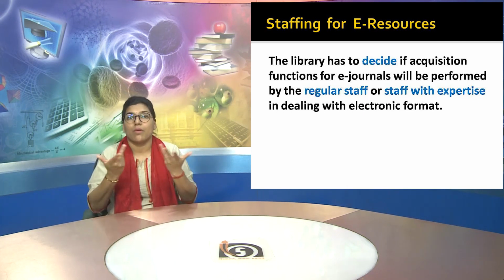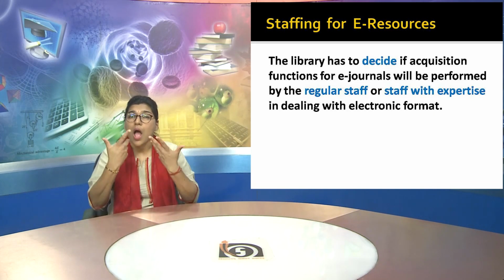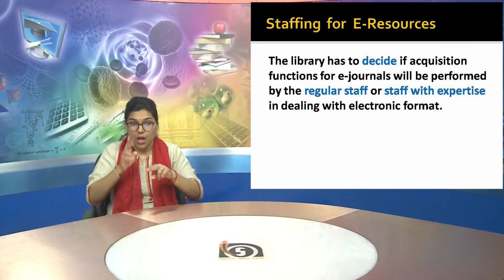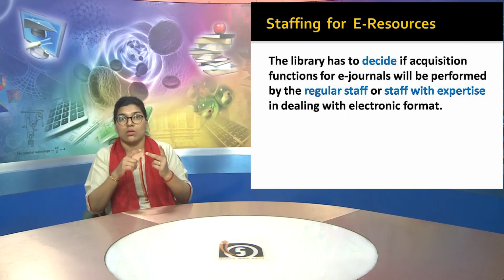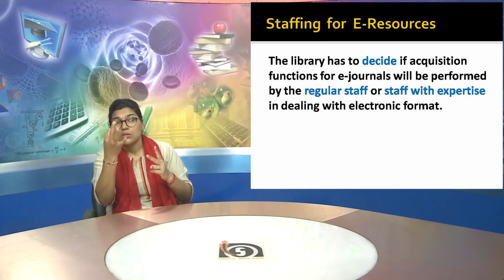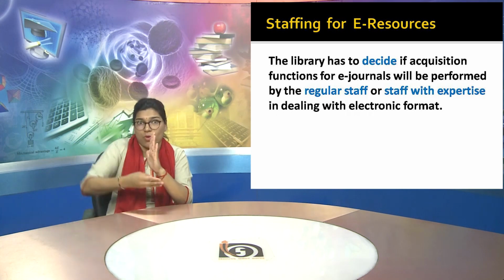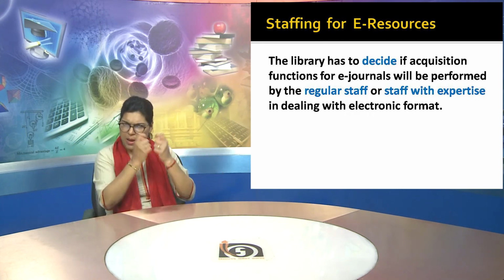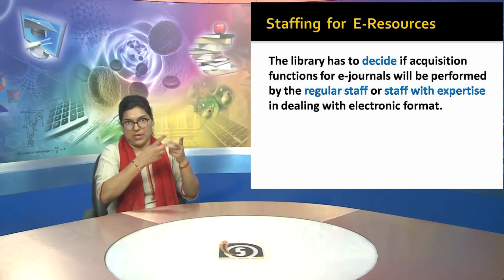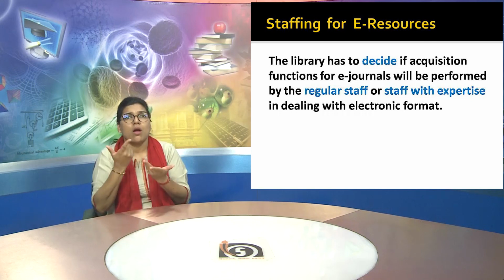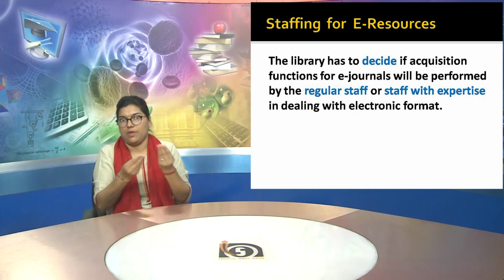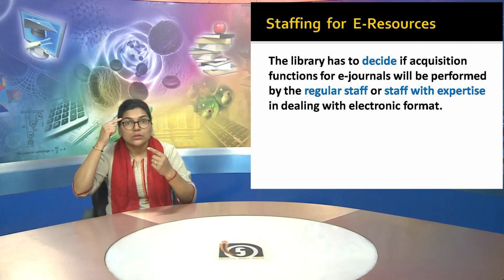This is the next step, which is staffing for e-resources. The library has to decide if acquisition functions for e-journals will be performed by the regular staff or any other staff who has expertise in dealing with the electronic formats. So for this, staffing is important.